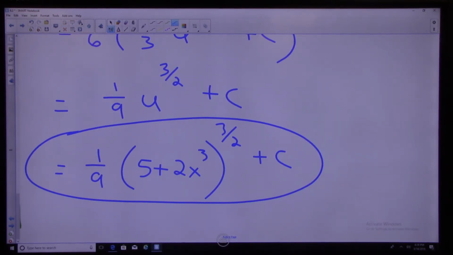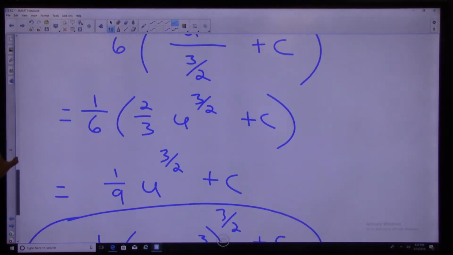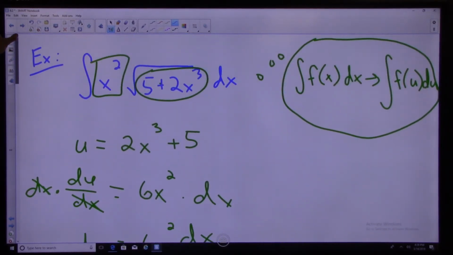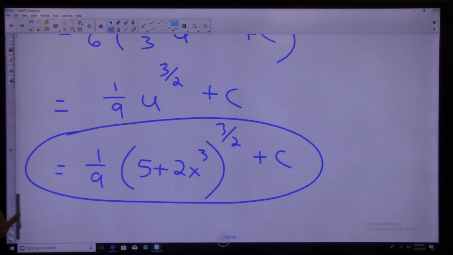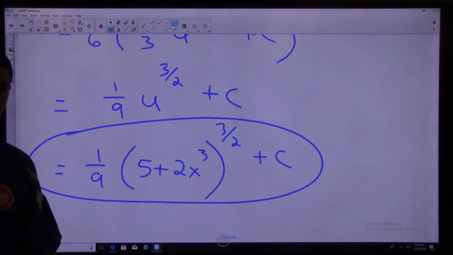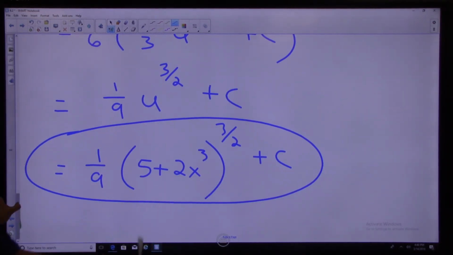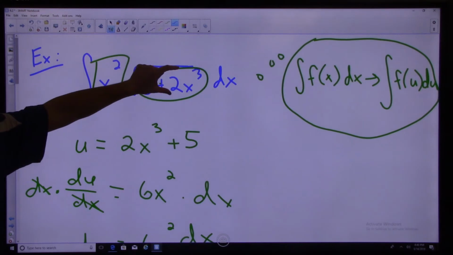I'm going to show you why this works, or not really why. I mean, we're going to check our answer. Okay? So if we want to check our answer, we just found that that's the antiderivative, didn't we? So if I want to make sure I got it right, I could find the derivative. If I take the derivative of that, shouldn't it give me this?